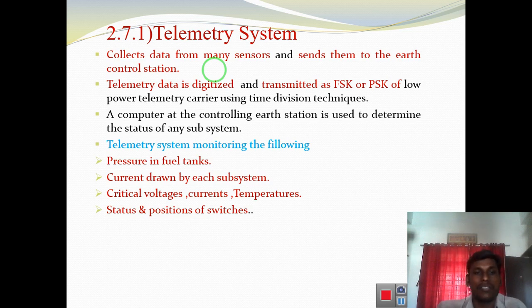So many subsystems are there, and this telemetry system monitors even how much current is drawn by a particular subsystem, the voltage level, current level, temperature level, the position of switches, everything.